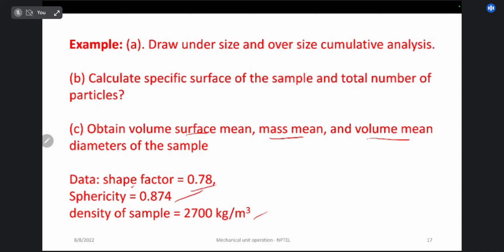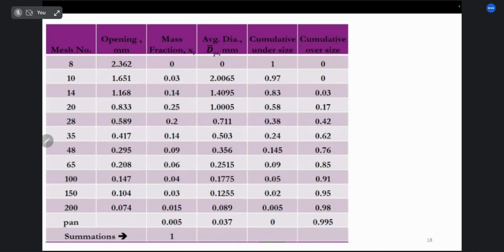Now we start with the undersize and oversize cumulative analysis. These are the things given in the problem: different mesh number, opening size and mass fraction, then average diameter. How can we find the cumulative undersize and cumulative oversize?